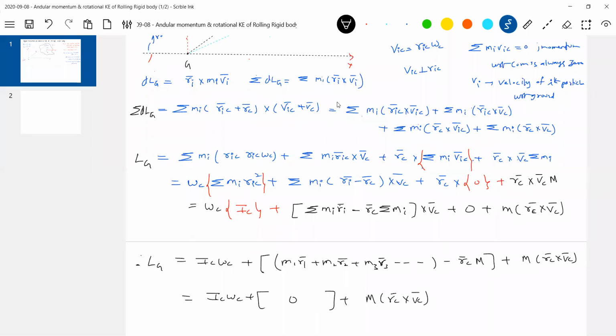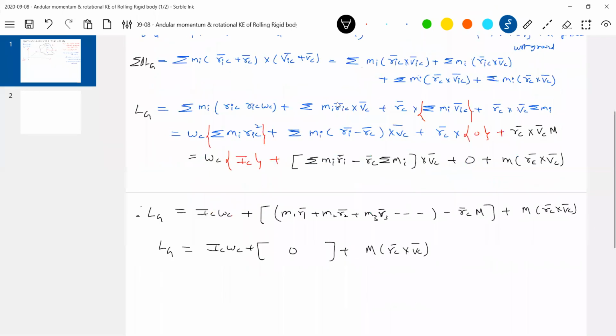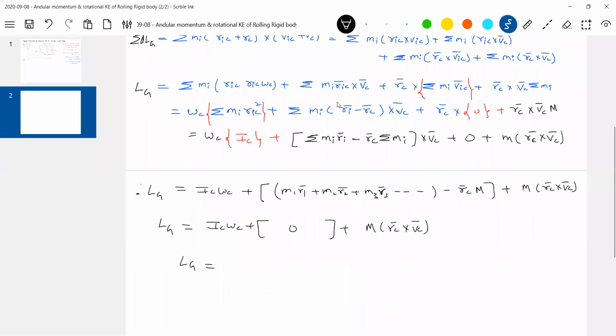So why are you removing that sign? Omega C bar, you can bring that sign if you want. So the final equation will become LG is equal to IC omega C. I'll show the sign, everything I'll show clearly. You can write this in vector form, LCM bar plus M into RC cross VC.